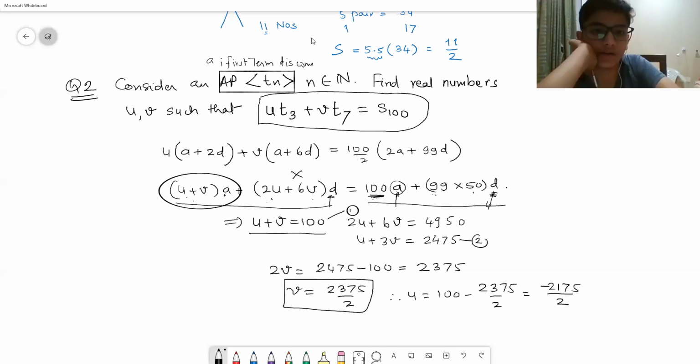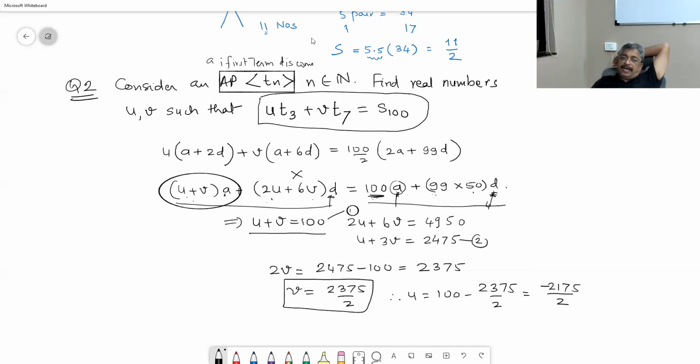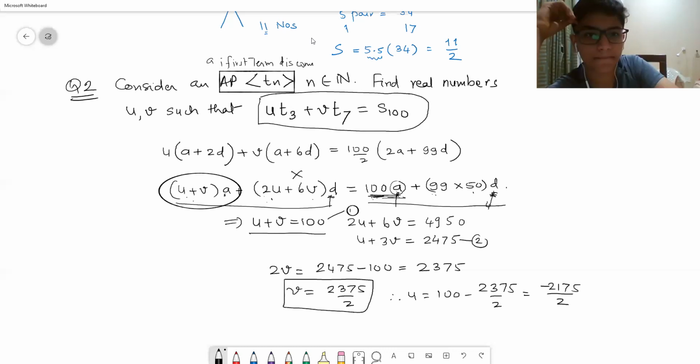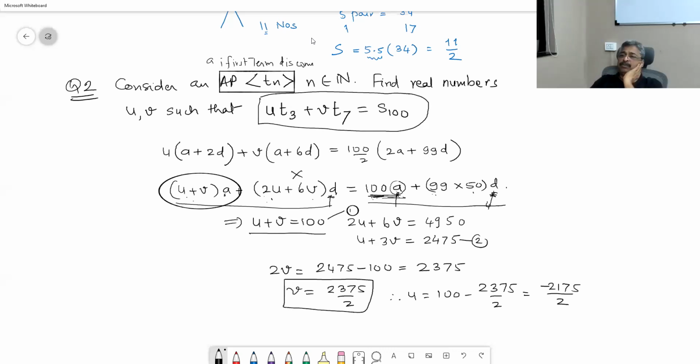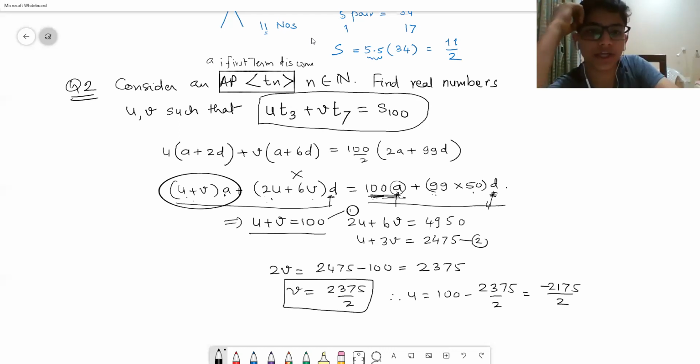Sir, but how can we tell that the corresponding first term of the LHS will be equal to the corresponding first term of the RHS? Because you want 100 A's in RHS. Yes, sir. Who in LHS can produce A's? Sir, but we don't know that D can't be 2 times A, and 2U plus 6V can be 50.